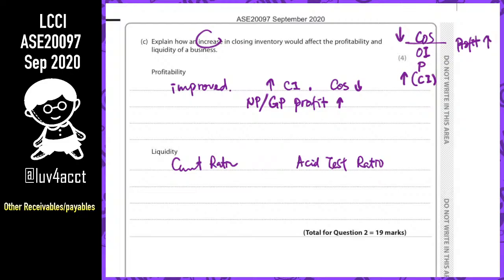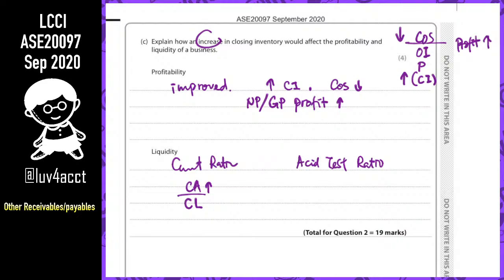If there is an increase in closing inventory, then current asset, current liability, your current asset would go up, and your current ratio would improve, because you have more asset.